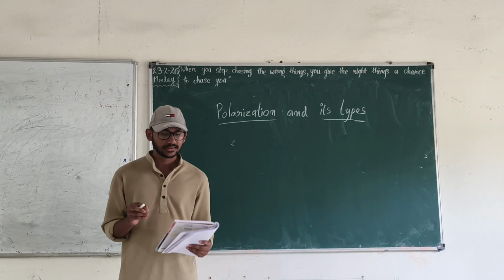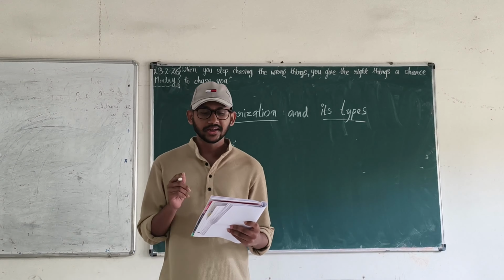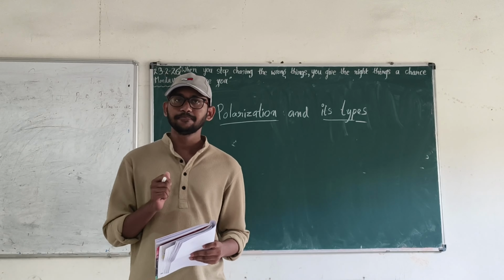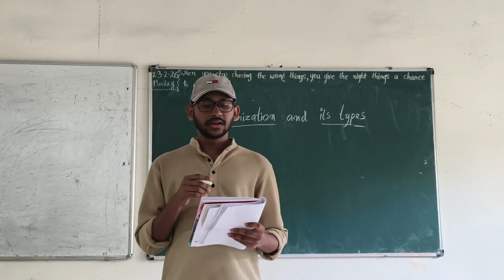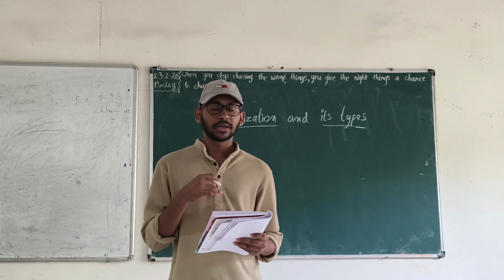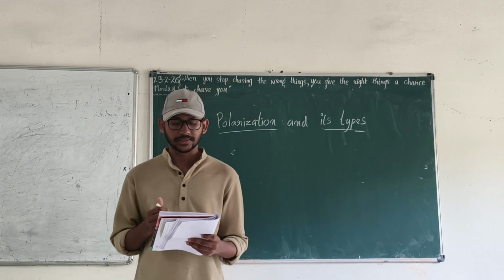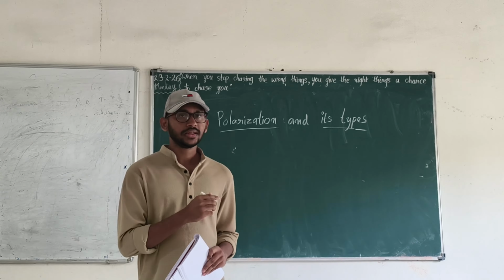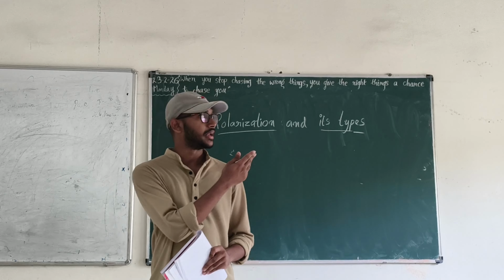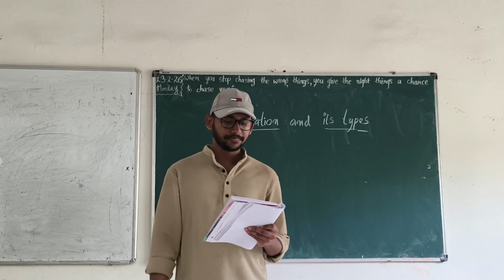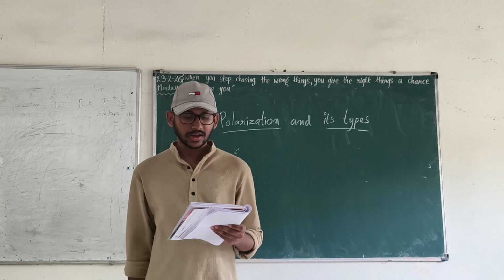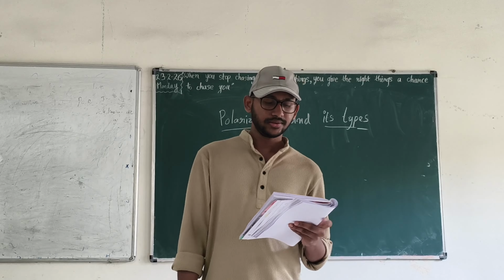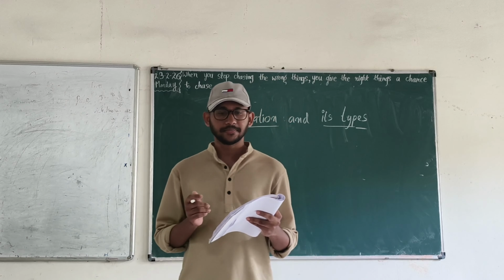According to James Maxwell, light consists of oscillating electric and magnetic fields that are perpendicular to each other and also perpendicular to the direction of propagation. In ordinary light sources like sunlight and bulb light, the electric field vibrations occur in all the possible directions perpendicular to the direction of travel.